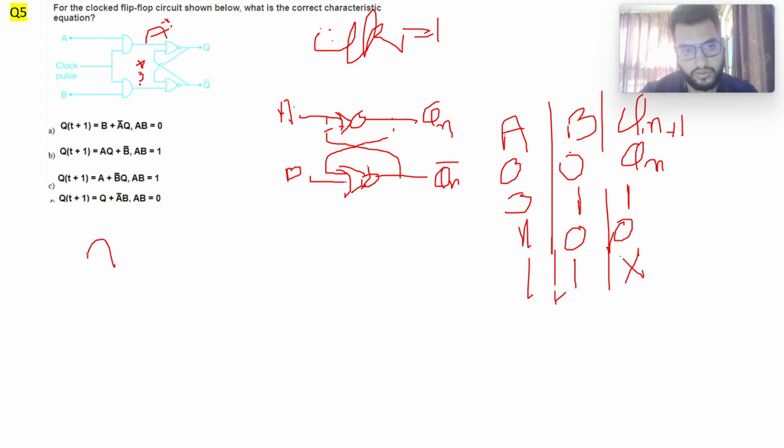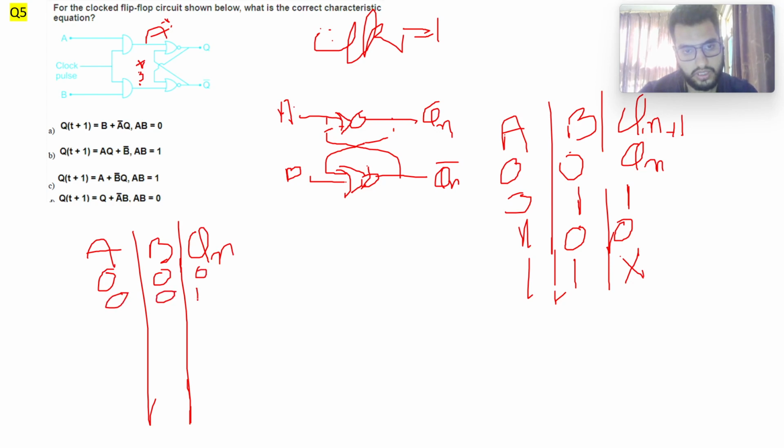Now let's draw the truth table for it: A, B, and Qn. Sorry about this mess-up. Actually, my mouse is not working quite well today. So this is 0 0 0, 0 0 1, 0 1 0, 0 1 1, 1 0 0, 1 0 1, 1 1 0, and finally 1 1 1.